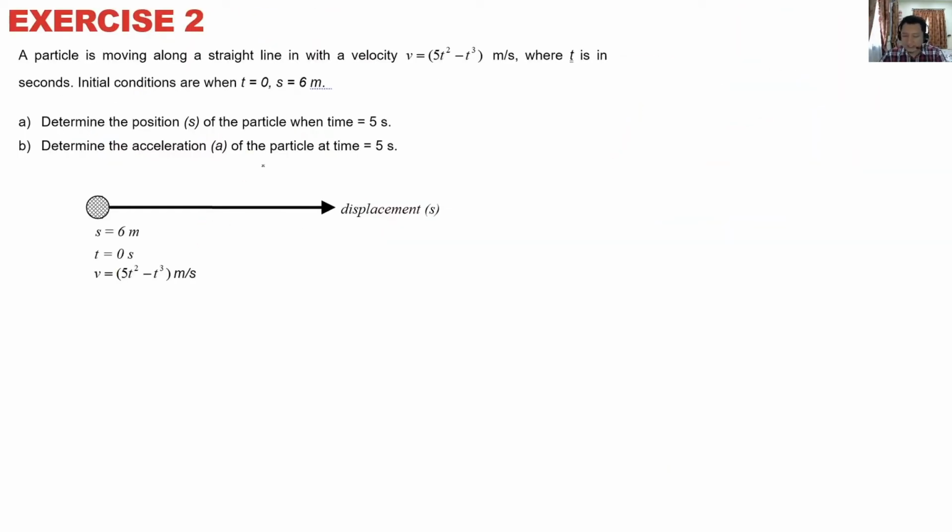So let's do one more example. Again, you have V as a function of time. You have S, you have V, you have A. Again, this is where you are right now: 5t squared minus t cubed. If you want to determine the position, you have to go this way.